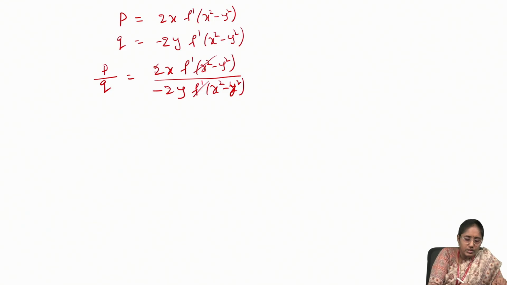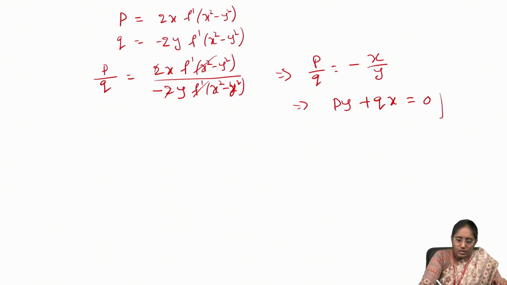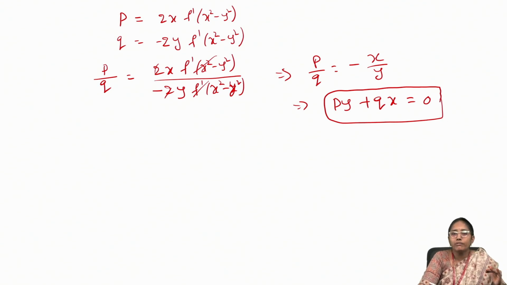So these two get cancelled. You will get p by q is equal to minus x by y, which is nothing but py plus qx is equal to 0. Here, what is the order of this differential equation? 1. How many arbitrary functions are given in the equation? Only 1. So whenever the equation has one arbitrary function, you will obtain a partial differential equation of order 1 only.